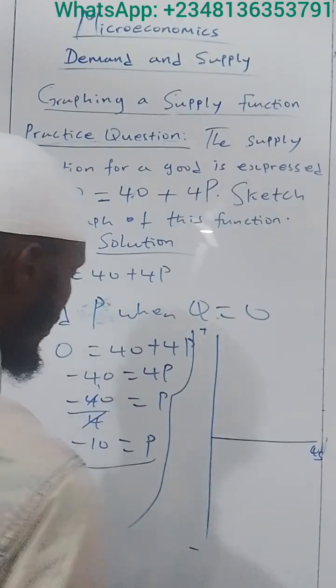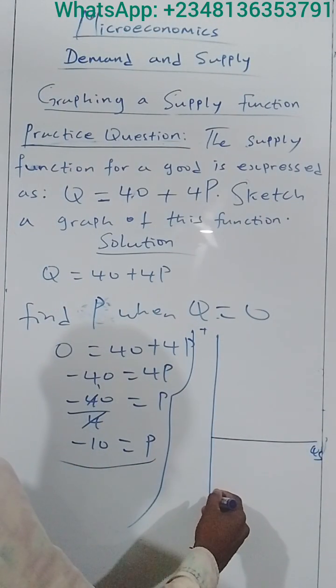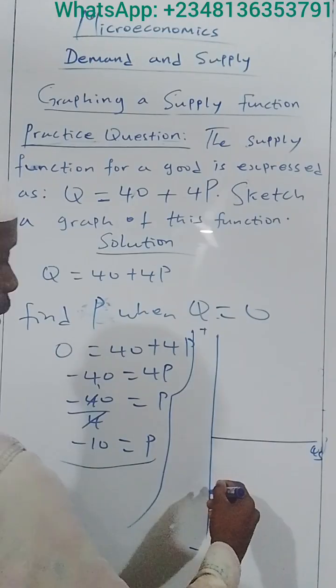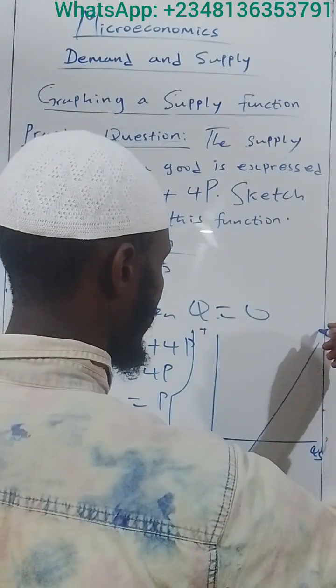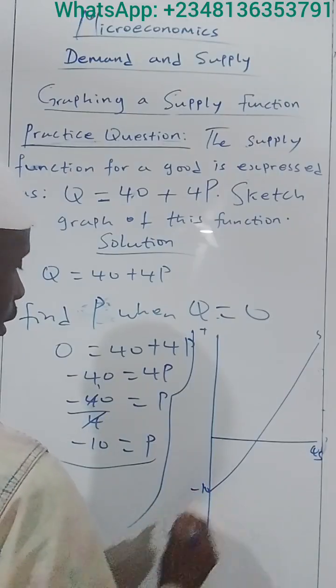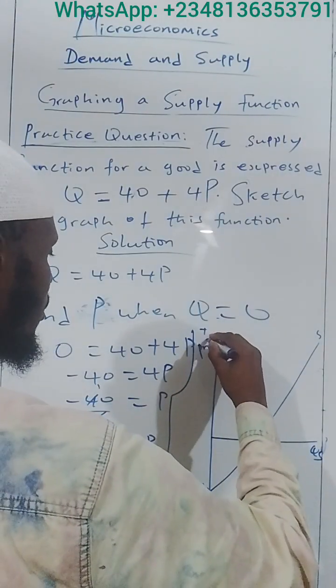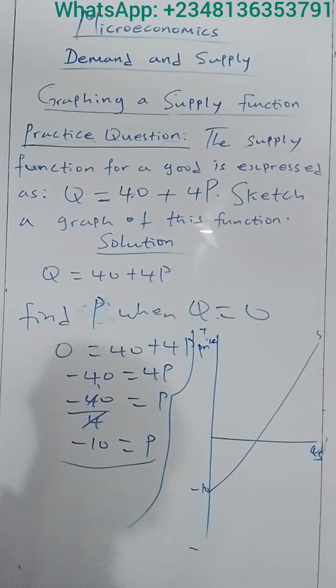Now I'm looking at minus 10. So I'm going to start the supply curve from the negative side of price. So I have S, this is the supply curve. At this point I have minus 10. So this is the price.